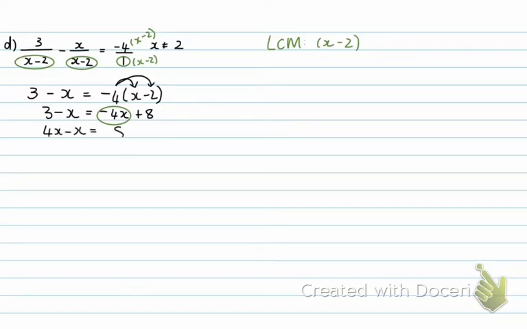I already have a positive 8 on the right hand side, and this positive 3 on the left hand side I take to the right hand side, and it becomes a negative. So 4x minus 1x is 3x. And 8 minus 3 is 5. So to get x alone, I'm going to divide with 3. Alright, so x is equal to 5 over 3, or you can say it's 1 2/3.